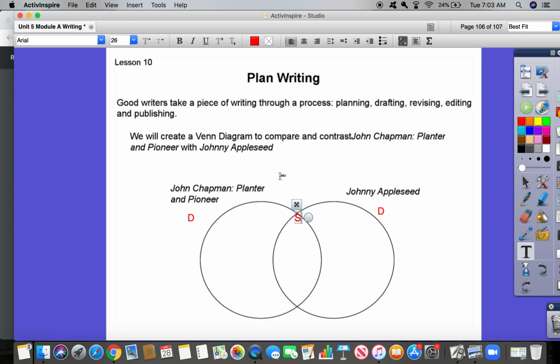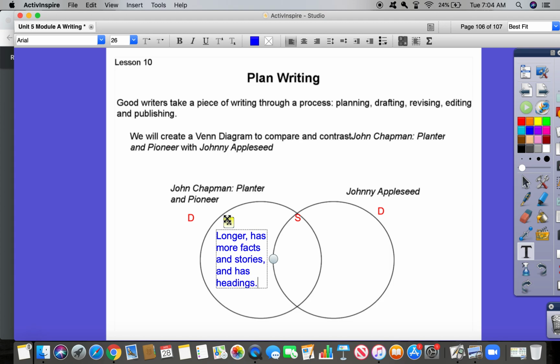So if I look at this first story, John Chapman, planter and pioneer, okay, maybe I'm going to use a different color. This story is longer, has more facts and stories, and has headings.